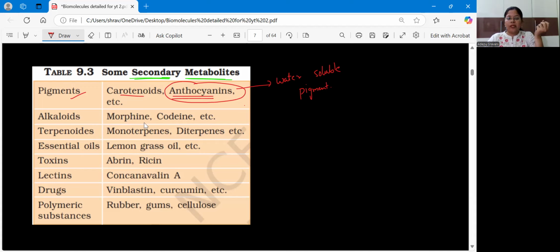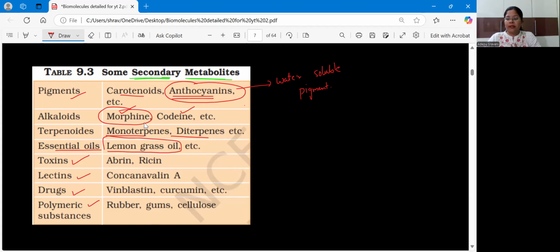Next, we have alkaloids: morphine, codeine. Morphine you might have heard of in human health and diseases, in drugs. Then terpenoids: monoterpene, diterpene, very easy to remember. Essential oil: lemongrass oil, again very easy to remember. Now toxins, lectins, drugs, polymeric substances. These are very, very important from the exam point of view. So toxins, examples will be abrin, ricin.